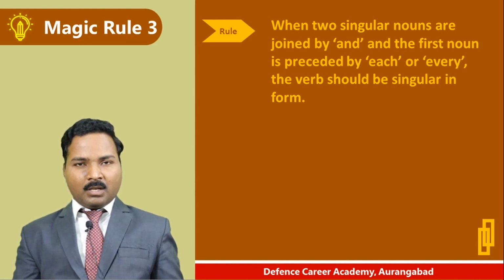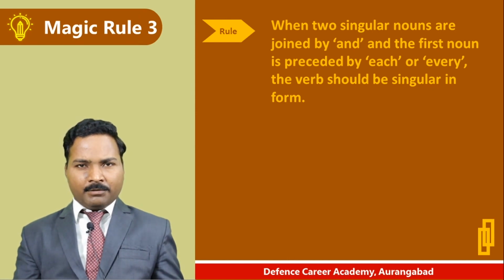When I say each of the children or every one of the people who are present here, I'm not talking about all of them collectively. I'm talking about them individually. When we use each or every as adjectives, it means that we are talking about them individually, and that's why the verb should be singular in form.